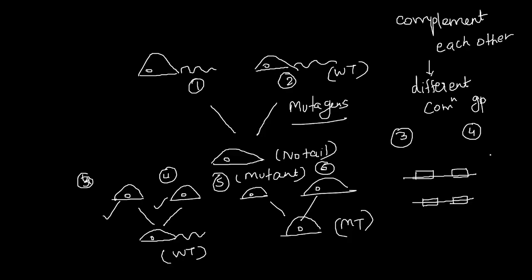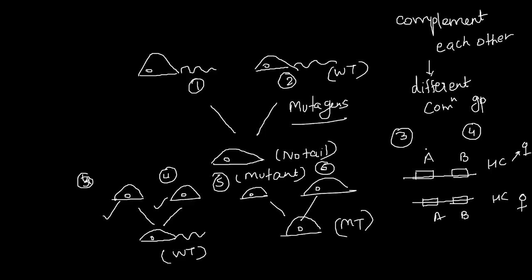Let's say this is the homologous chromosome from the mother, and this is the homologous chromosome from the father. These are two mice, and let's assume that tail formation is governed by two genes, because you are getting the wild type phenotype. So this is gene A, this is gene B, this is gene A, and this is gene B.